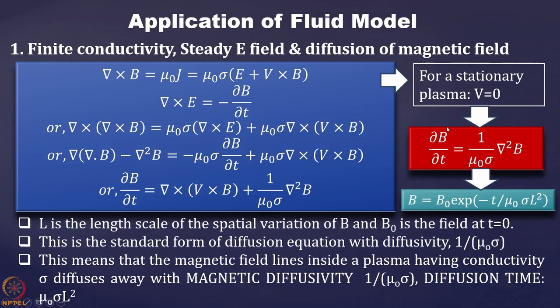Then, for stationary plasma we have no moving component, so the plasma is not moving as a whole, so we can take that V is equal to 0.